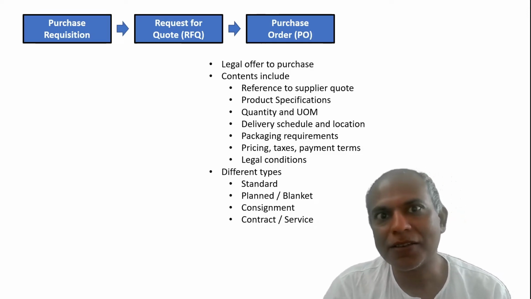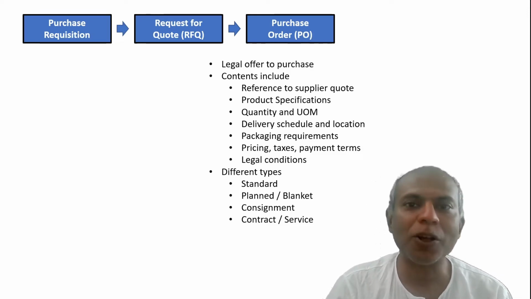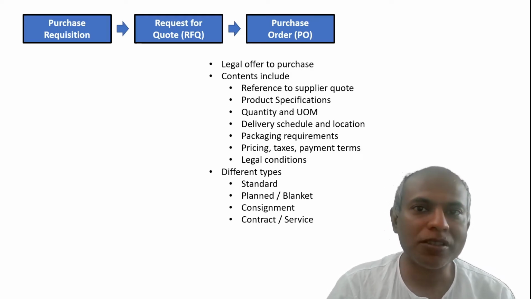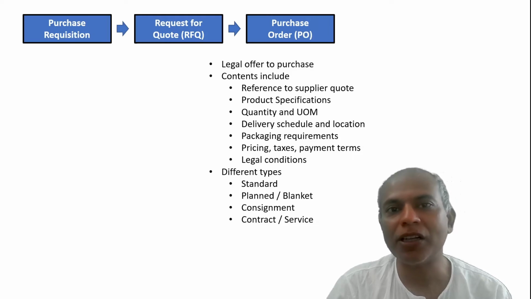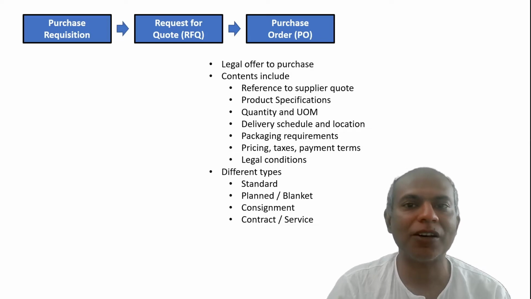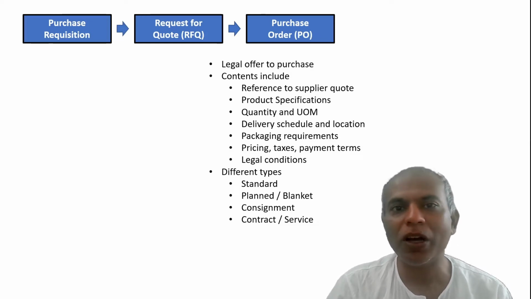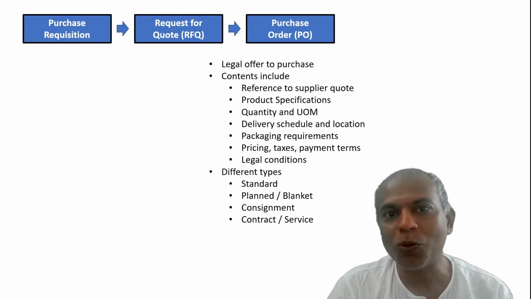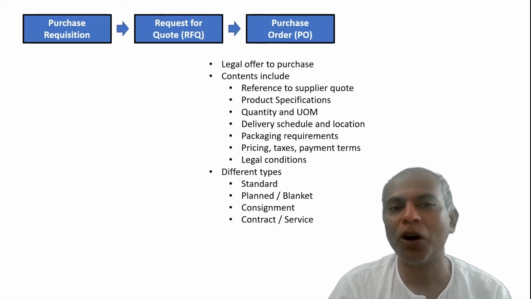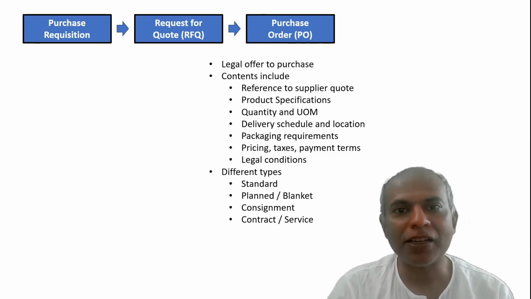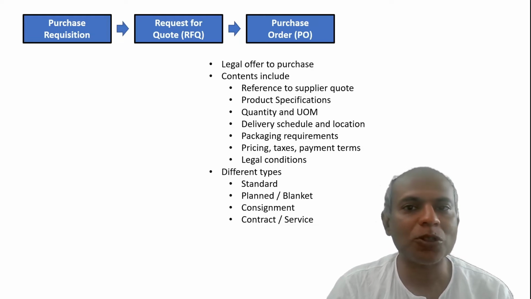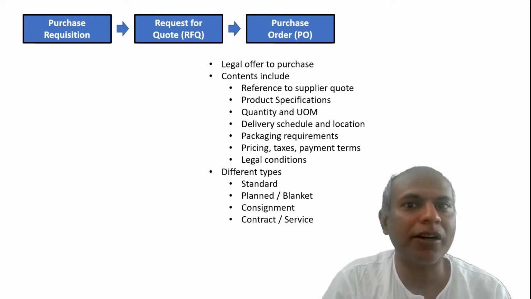In some cases, businesses issue what is known as planned or blanket POs. In a planned PO, the one PO is associated with multiple deliveries, and at this point, we don't exactly know when those deliveries are going to be required. But we do have a very good idea of the exact quantities that are going to be required. So I can say that, hey, I require 12 tons of this product in the next quarter, and I will take those 12 tons in four separate deliveries.